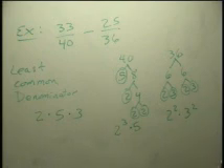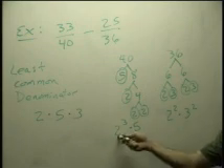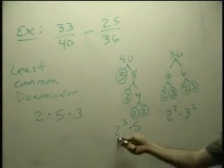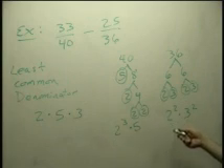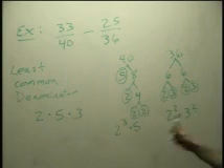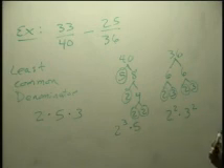But how many of each do I need? Well, I need at least 3 2's to fit this number into it. And I need at least 2 2's to fit this number into it. But I don't need 5 2's because I don't need to fit both of these into it at the same time. I only need to fit in one at a time.